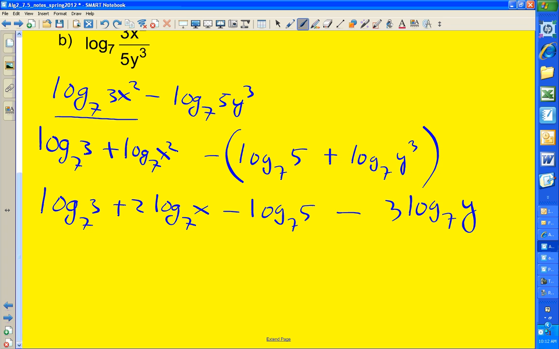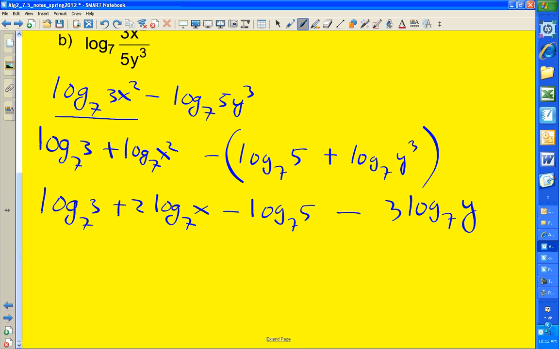And I think a lot of you got all the way down, but I think a lot of you had a plus right here. Plus 3 log base 7 of y. It's a very, very common error. And it's one you just need to pay attention to. When you have minus, everybody has to become minus in there.